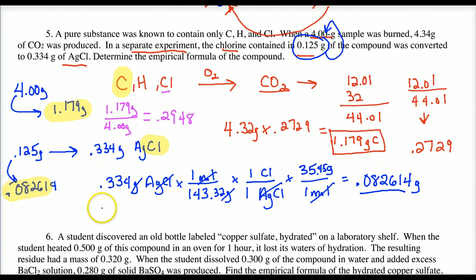And then over here, I'm going to take my 0.125, and this is 0.08261 over that. I'm just finding a fraction really. 0.08261 divided by 0.125. And of course, this is a much bigger percentage, 0.66088.